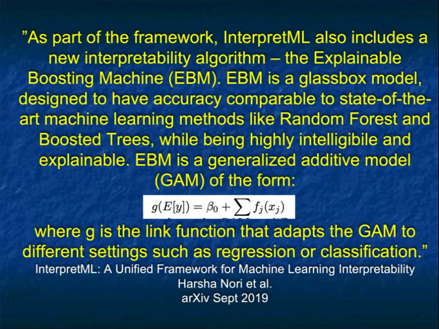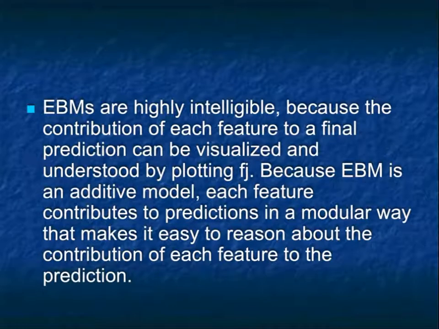As part of the network, InterpretML also includes a new interpretable algorithm. I mentioned that, but this glass box model is just so important to us. And this article by Nori really is worth reading on your free time. These EBMs are highly intelligible because the contribution of each feature to a final prediction can be visualized and understood on plotting.